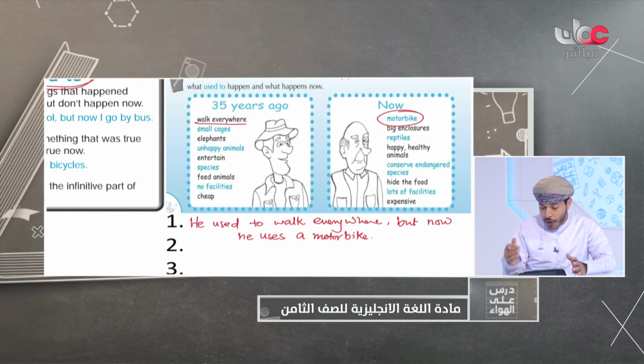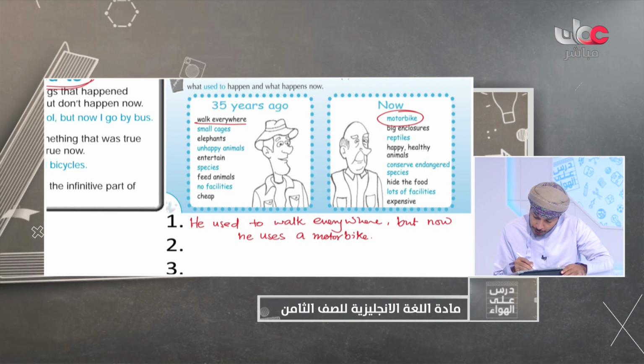Okay, guys, so this is how we develop such sentences. And let's take the last example for this one. Okay, maybe he used to entertain with animals or feed animals.